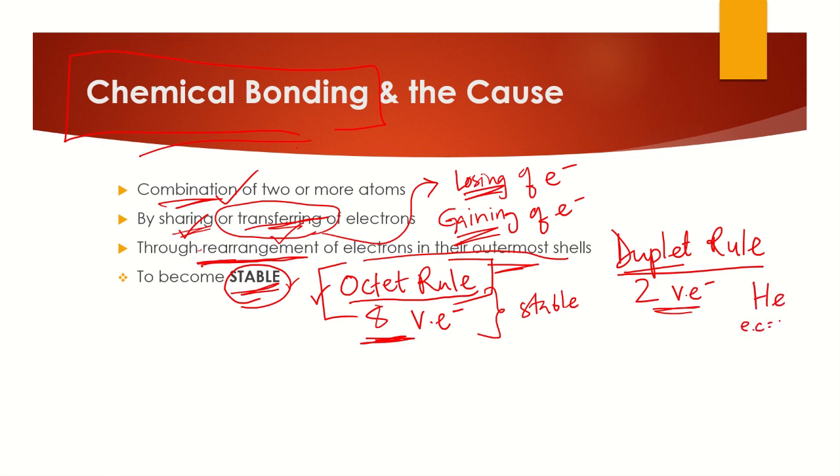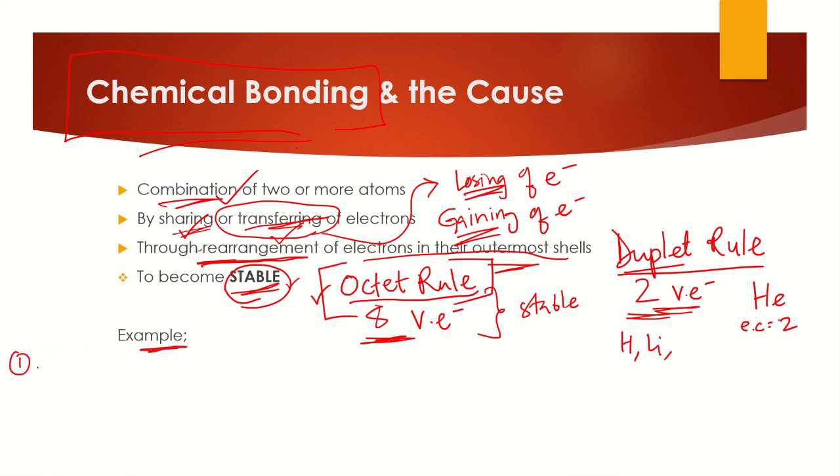If we write the electronic configuration of helium, it's just 2. Likewise, hydrogen and lithium also need to acquire 2 valence electrons to be stable. Now let us look at some examples to understand chemical bonding and how the atom becomes stable through the octet and doublet rule.